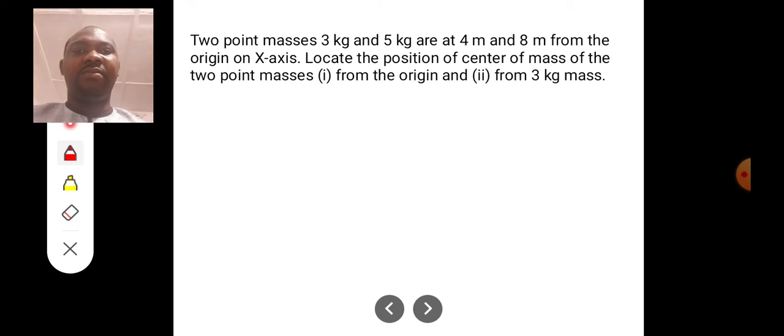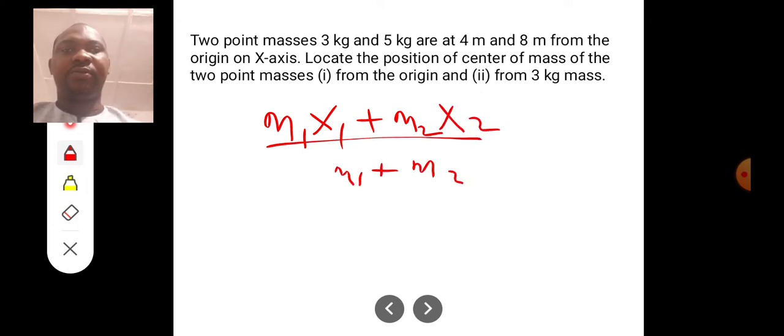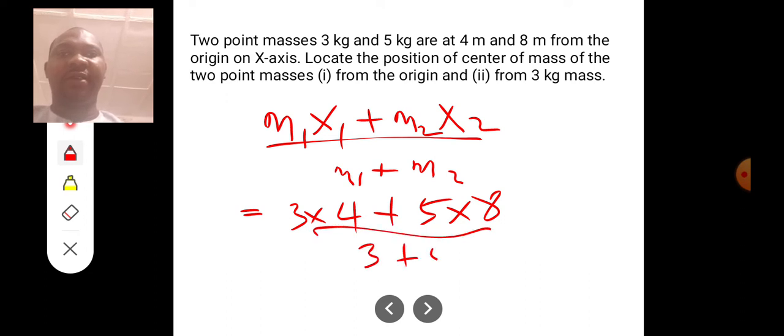So the center of mass will be m1 x1 plus m2 x2 all over m1 plus m2. So m1 is 3, so 3 times 4 plus m2 is 5, 5 times 8 all over m1 plus m2, that means 3 plus 5.